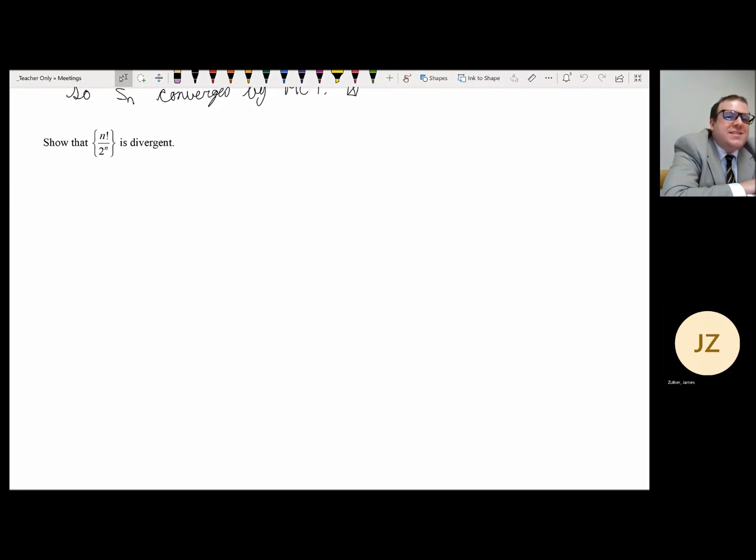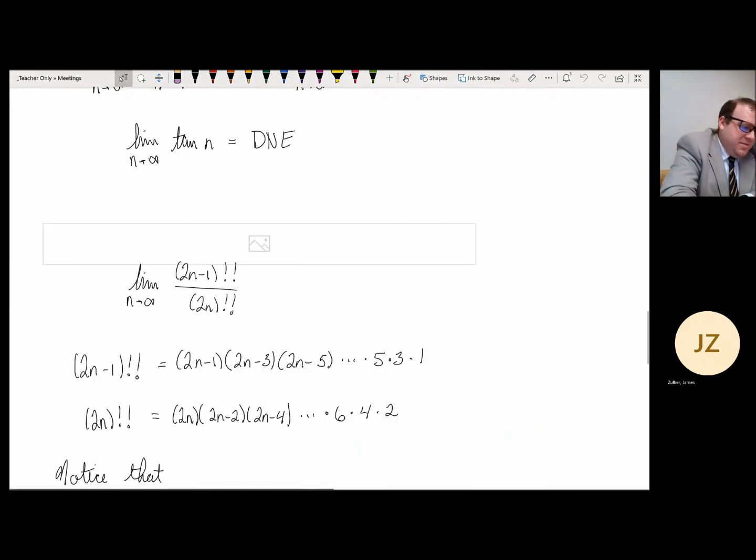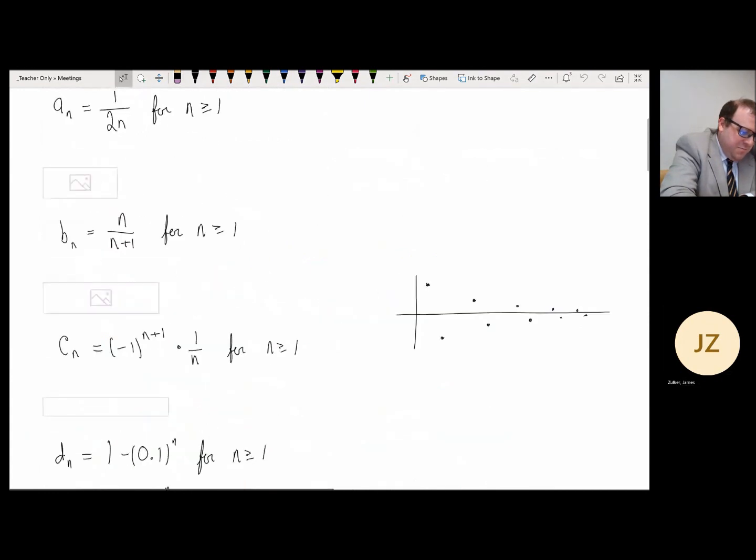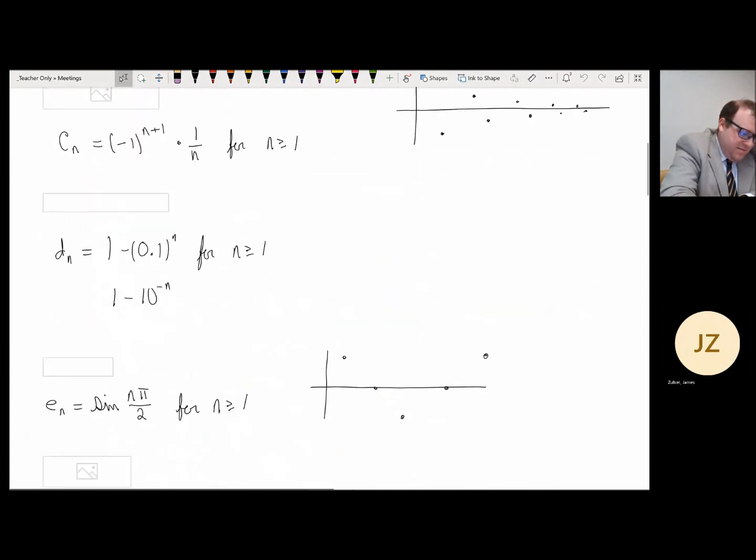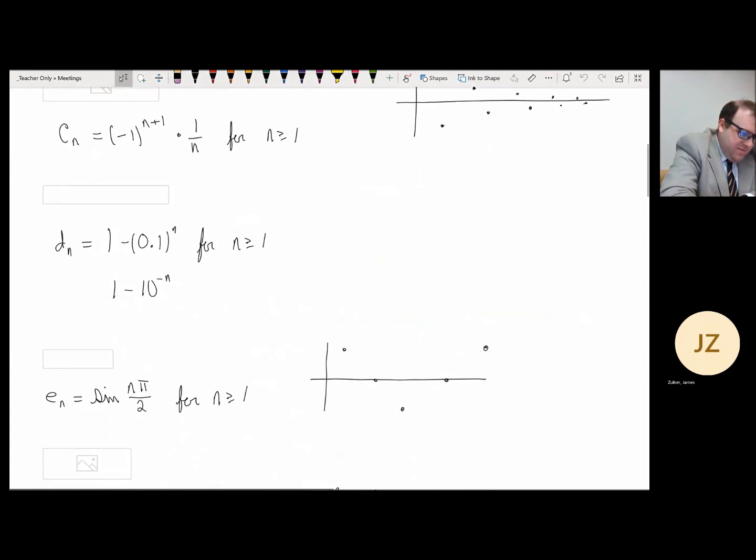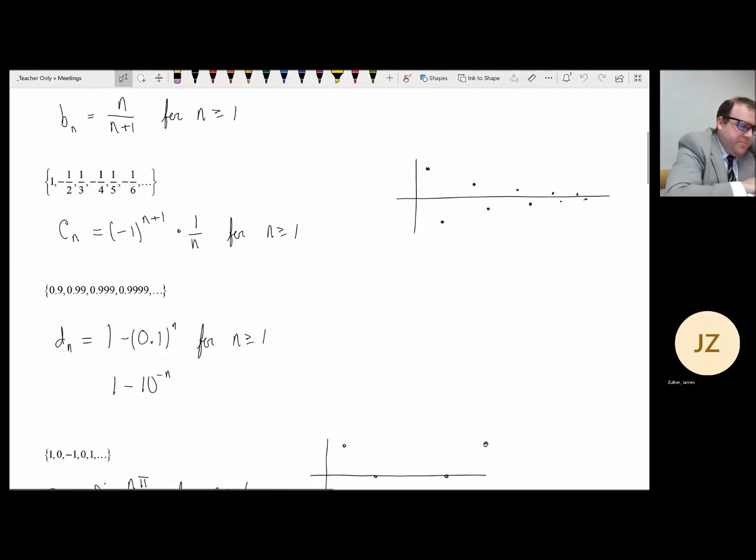So just showing that this is not monotonic or not bounded is not enough. A perfect example of that would be C sub n. C sub n is not monotonic, but it does converge.